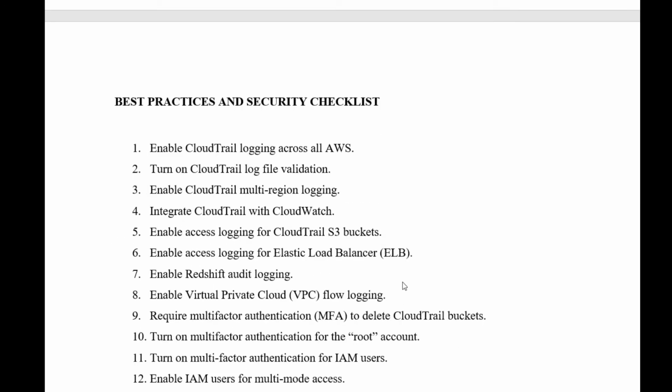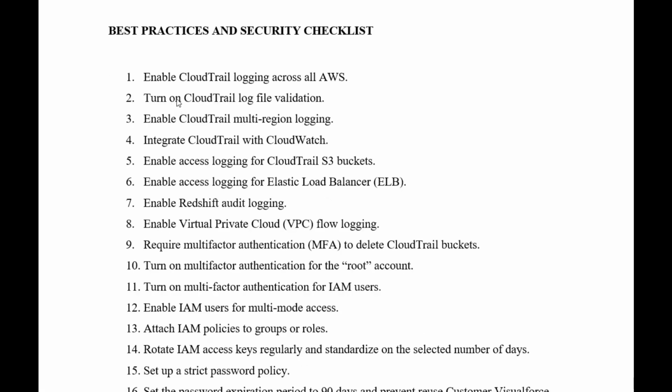There are some main points which explain how to keep our AWS resources, our AWS account, or our AWS applications secure by following this checklist and these best practices. So the first one, enable CloudTrail logging across all AWS.